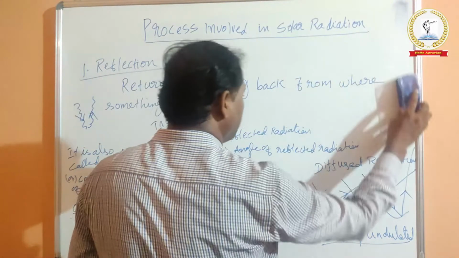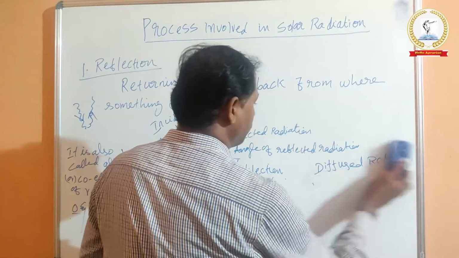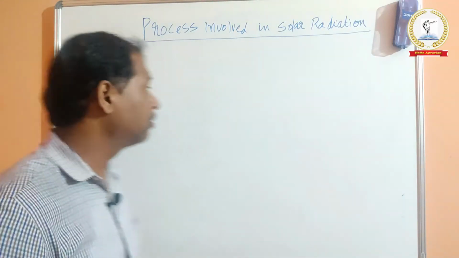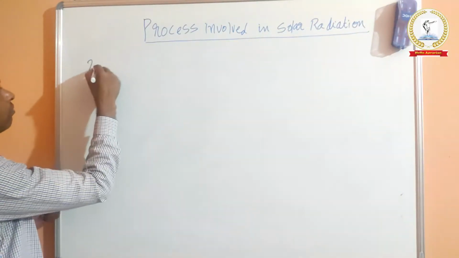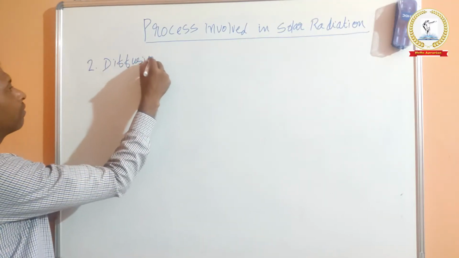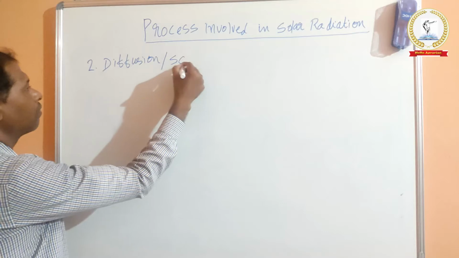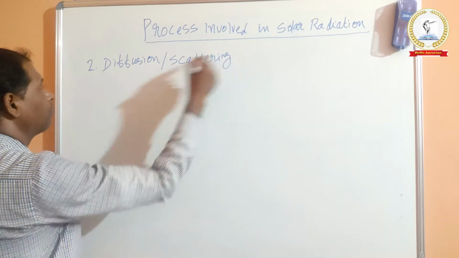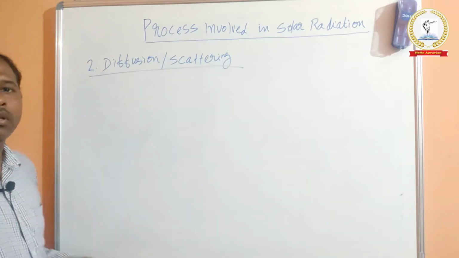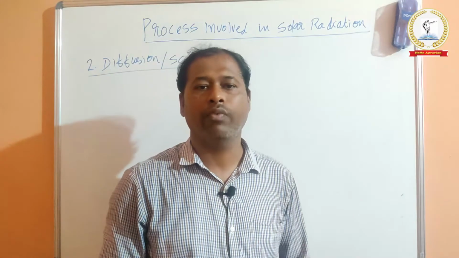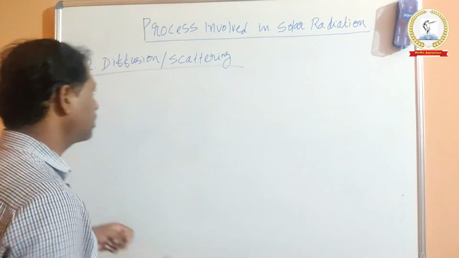So I can delete it now. Second one is diffusion and scattering. Diffusion means spreading of something more widely from its center to all directions.